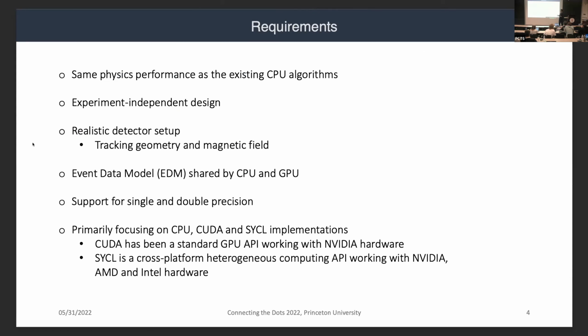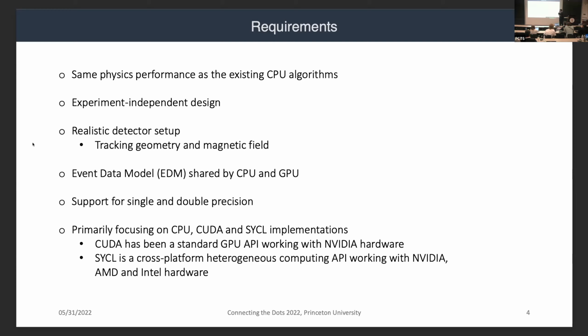We want a realistic detector setup, such as realistic tracking geometry and also a realistic inhomogeneous magnetic field. And we want a perfectly shared event data model, shared by CPU and GPU device. We also want support for single and low precision, and possibly half precision, but it has not been discussed yet.